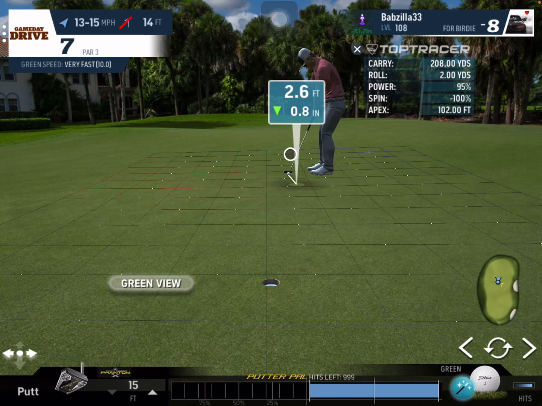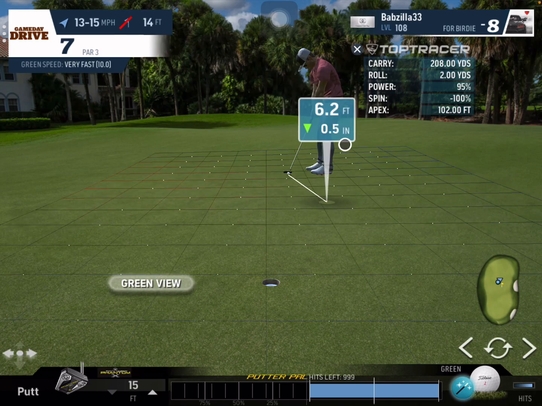So let's see, we got dots moving here, right to left, then it dies, and then some more dots moving right to left here. This right here indicates the vertical dots are sloping from the hole this way, away from the player. And so that is going to increase the break that I'm seeing on the horizontal dots.